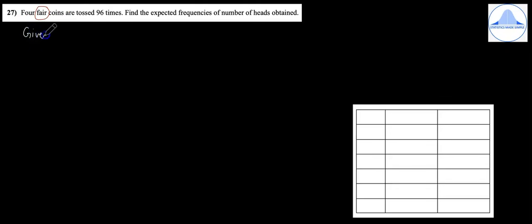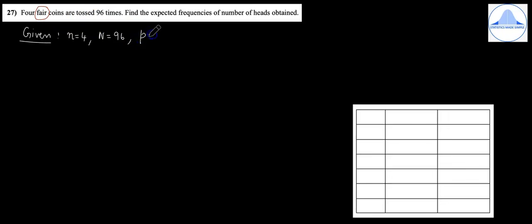Write given: 4 fair coins means small n is equal to 4, tossed 96 times, so capital N is equal to 96. Now they have said fair coins, and then they have also said find the expected frequencies of number of heads obtained. So in other words, the probability of getting a head when the coin is fair is 0.5.